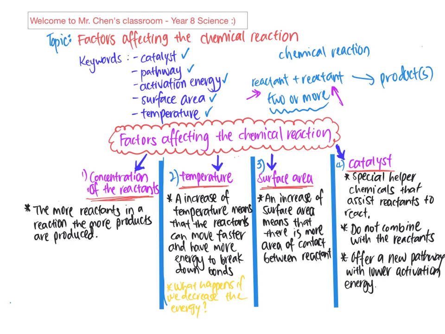It is quite obvious that the more reactant you put in, the more product is produced. If you have two test tubes, the first test tube has 150 particles and the second one has 150. I just made this up. Normally there are more than that, like billions and billions.